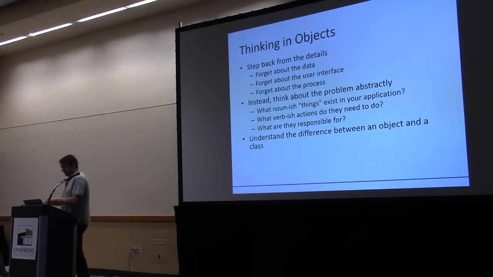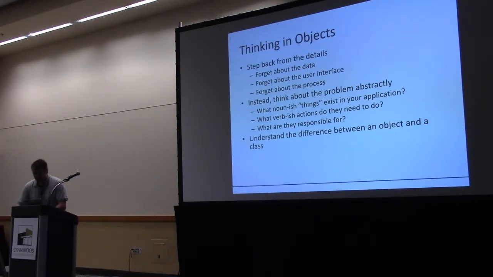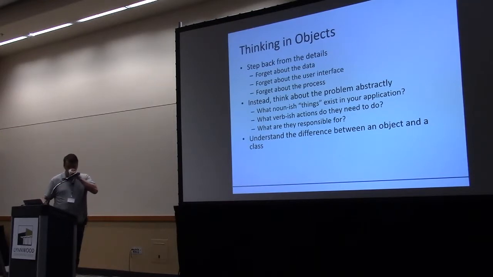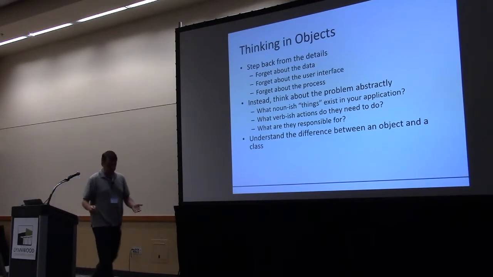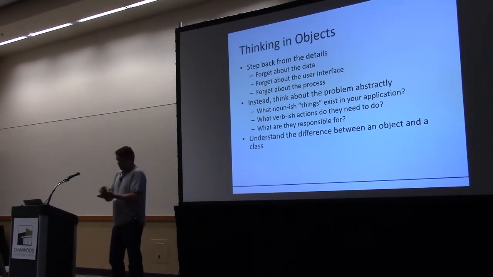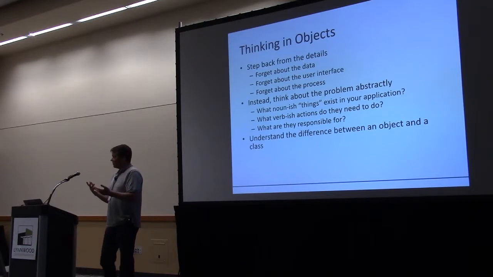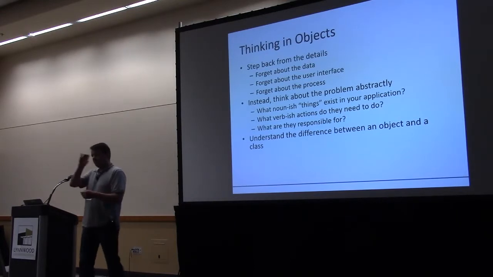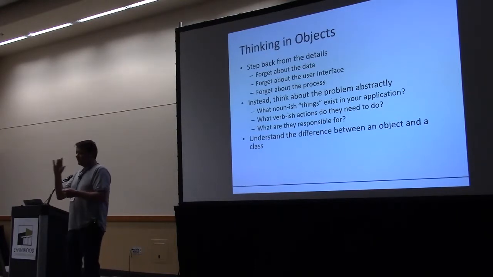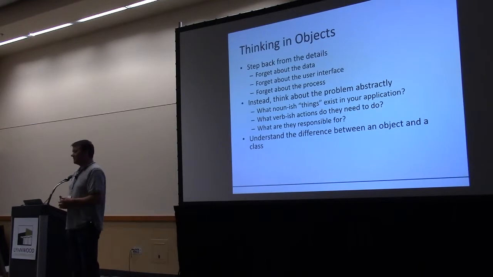Understand the difference between an object and a class. I missed the intro presentation, so I don't know if they covered this. The class is what we do in source code. When we have a project open, we have a class. That's what we see in the project file.